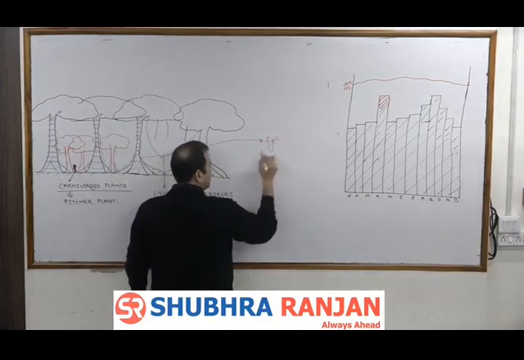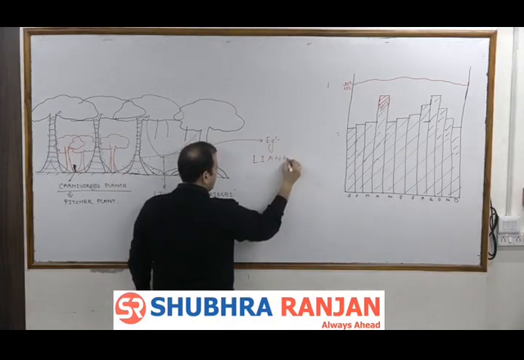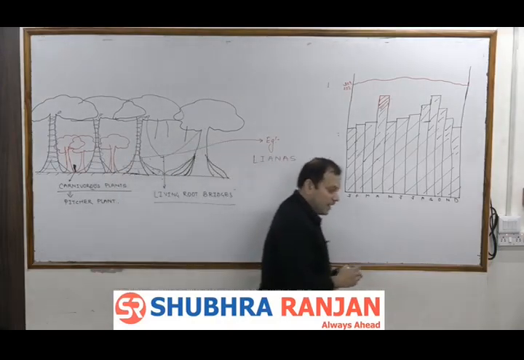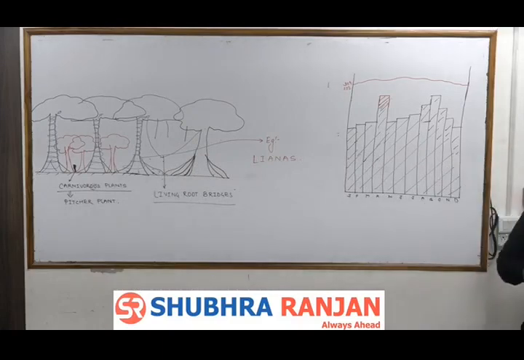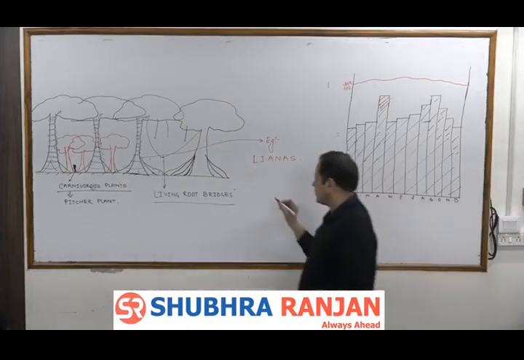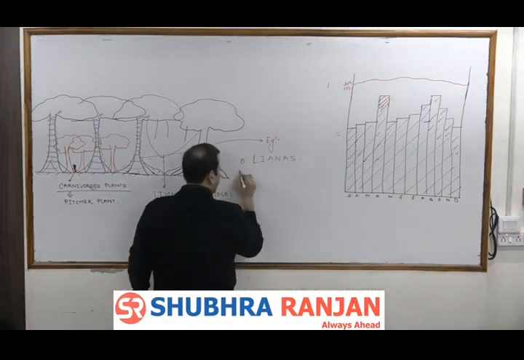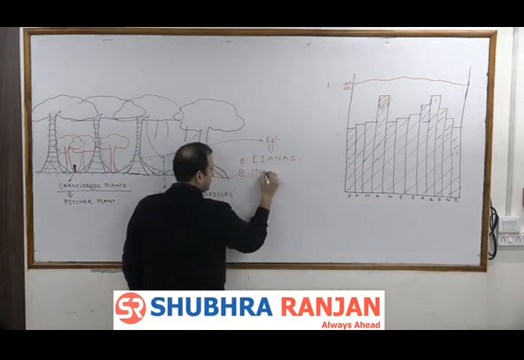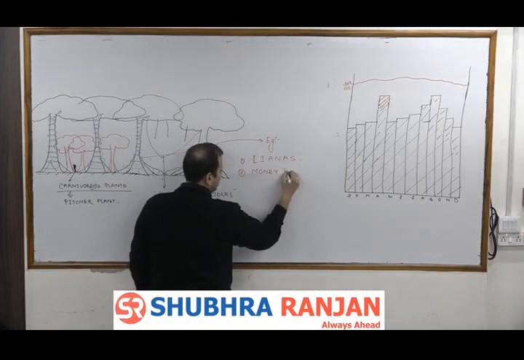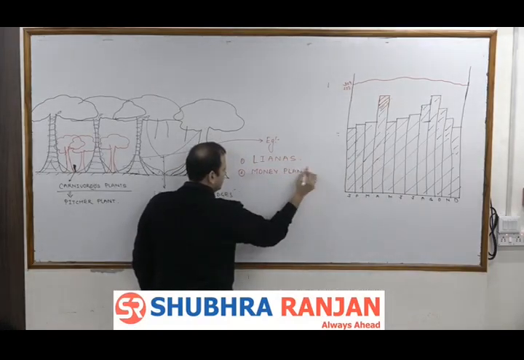A common UPSC example of climbers is lianas. Example of the climbers is lianas. Second, money plant.